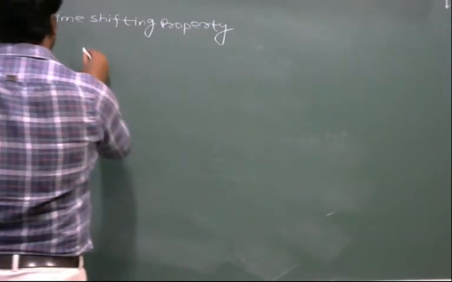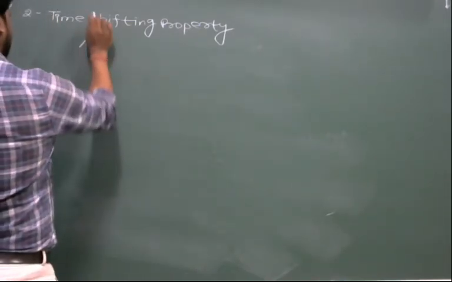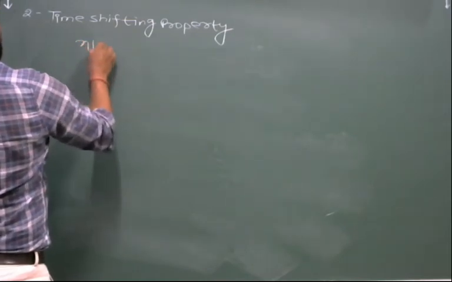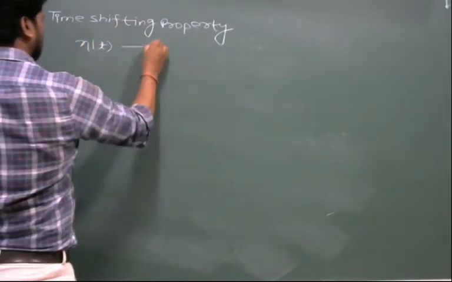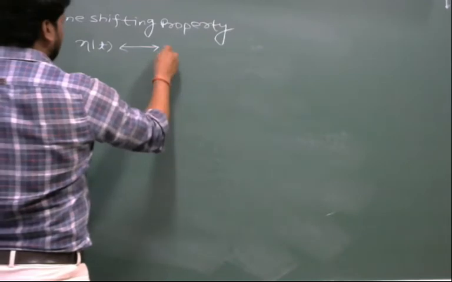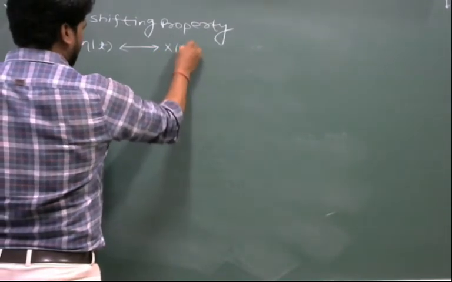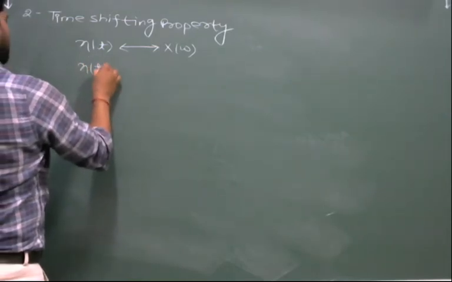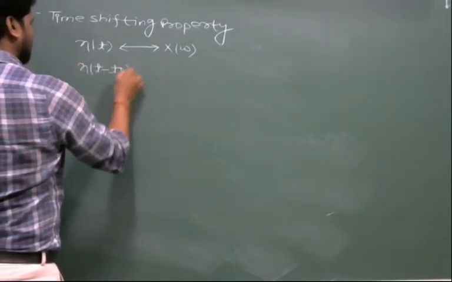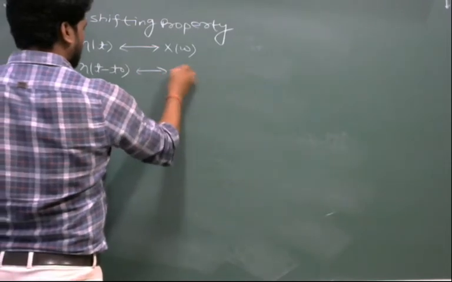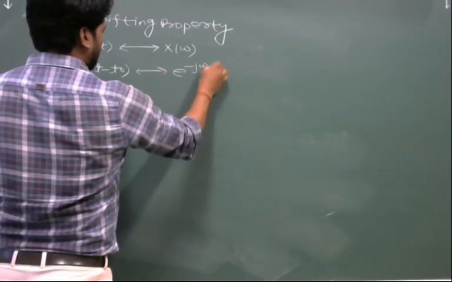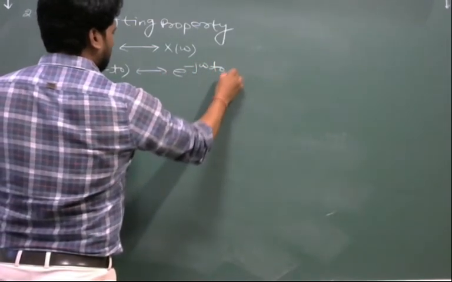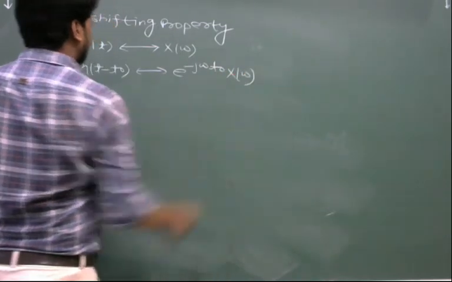Time shifting property of Fourier transform is another important property which says that if a signal x(t) produces signal X(omega), then the Fourier transform of x(t minus t naught) will be equal to e power minus j omega t naught into X(omega).